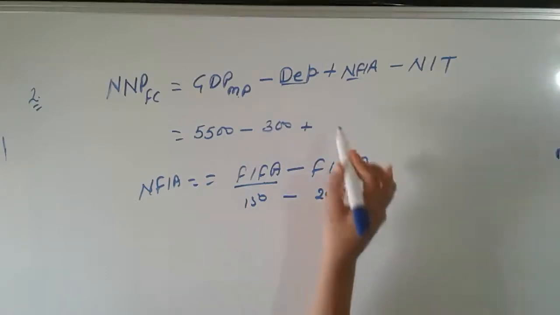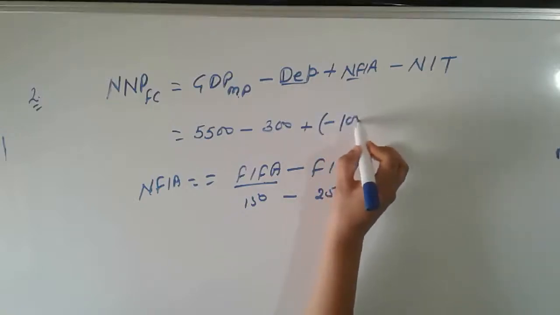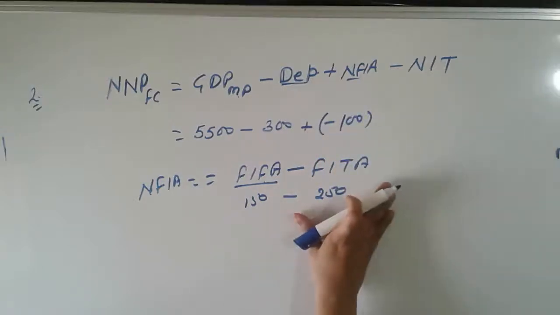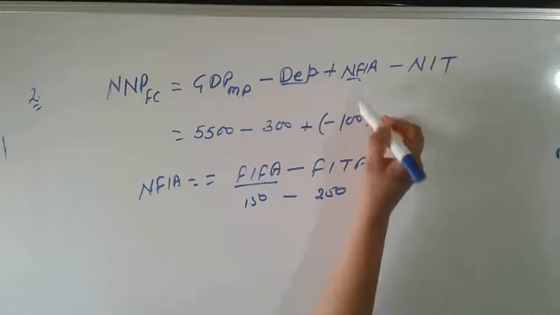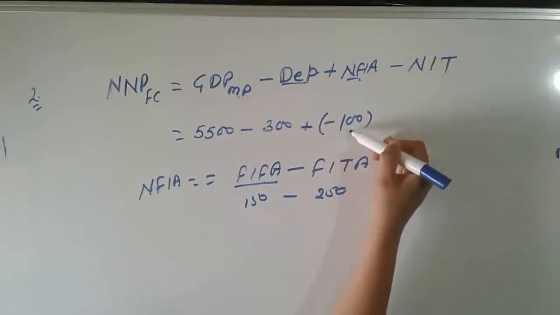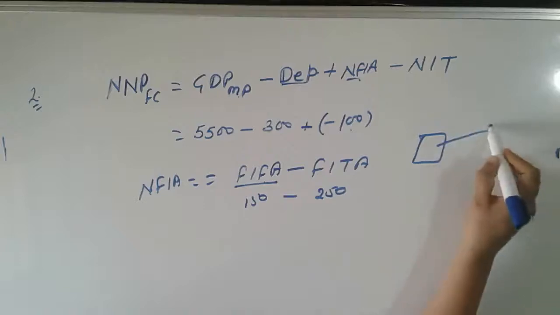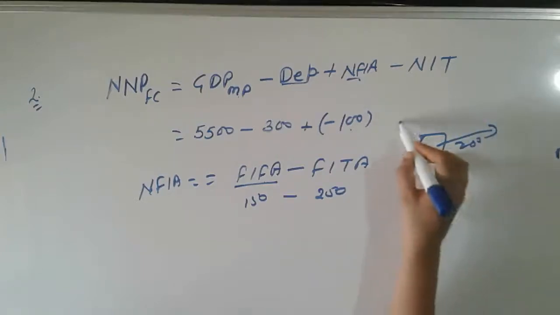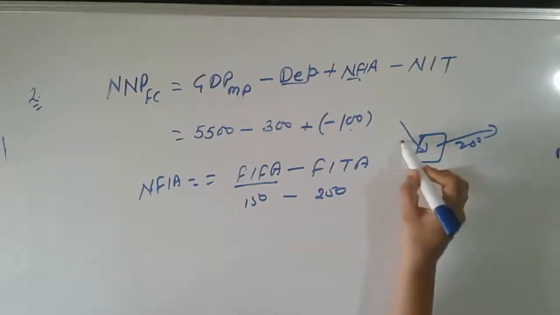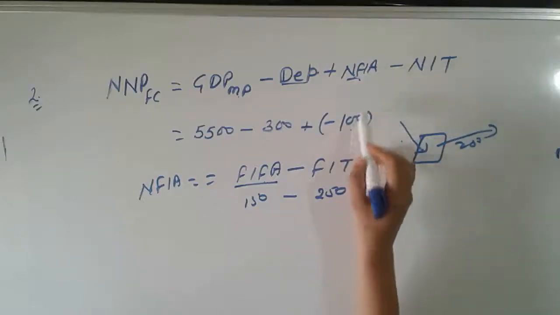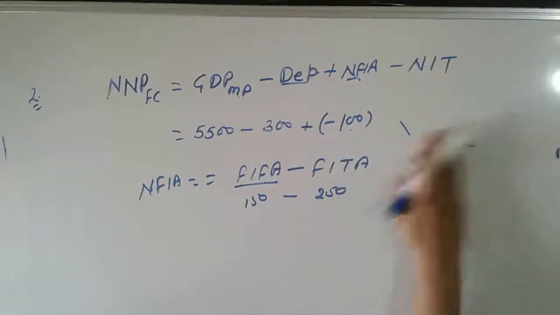Solving this, we get minus 100. It means in this economy net factor income from abroad is negative, meaning factor income to abroad is more than factor income from abroad.